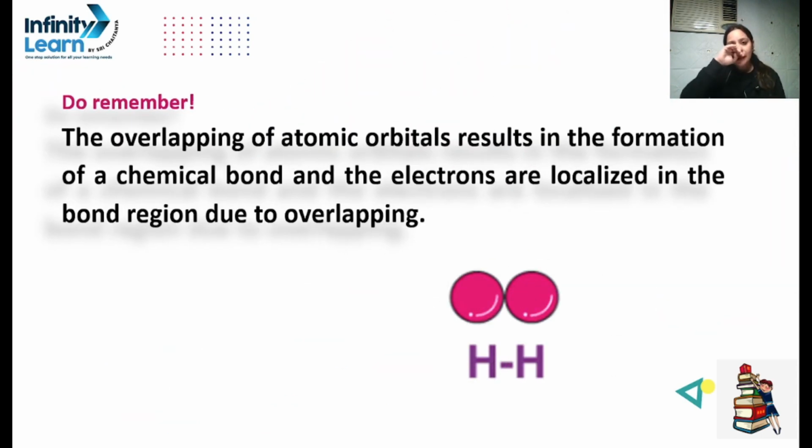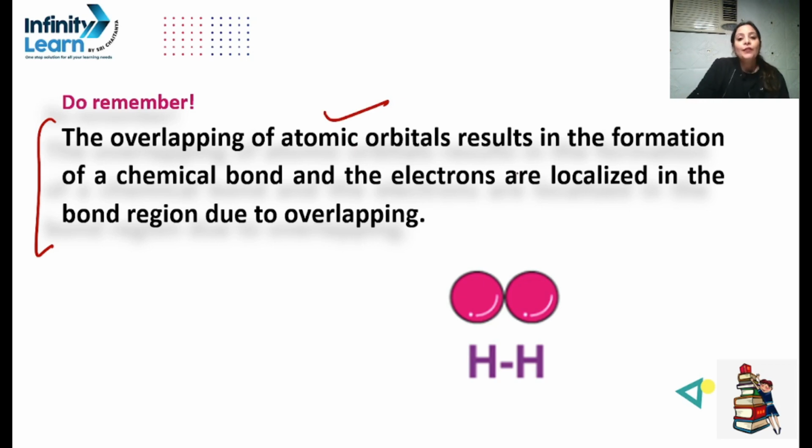So you can always count the attractive and the repulsive forces, and it will give you an idea which bond formation will happen and which will not happen. And one thing is very important to note, that whenever two atoms approach to form any molecule, how do they combine? Overlapping of atomic orbitals is mandatory, right?